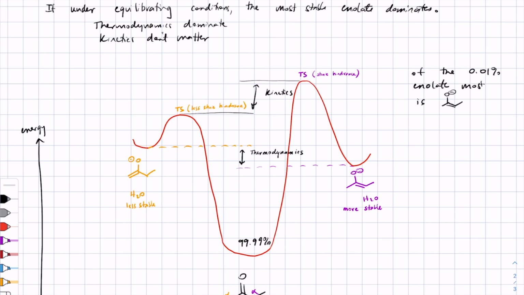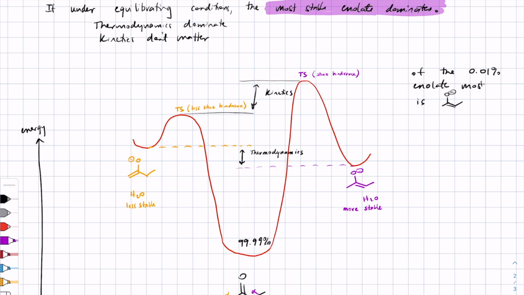If, as soon as you make the enolate, you can go back over the hill and back down to starting material, it doesn't matter at all how fast that process happens. Okay? So under equilibrating conditions, you're going to get the most stable enolate. Sometimes people call the most stable enolate the thermodynamic enolate.